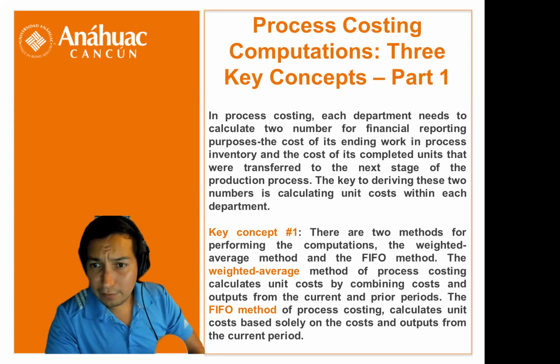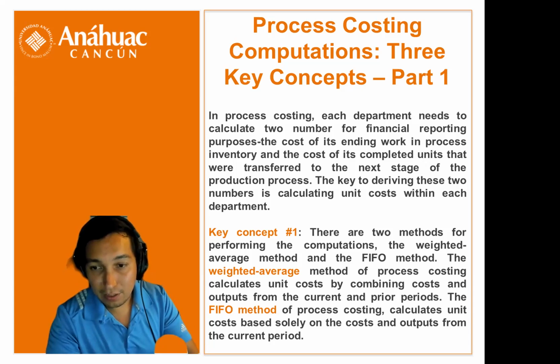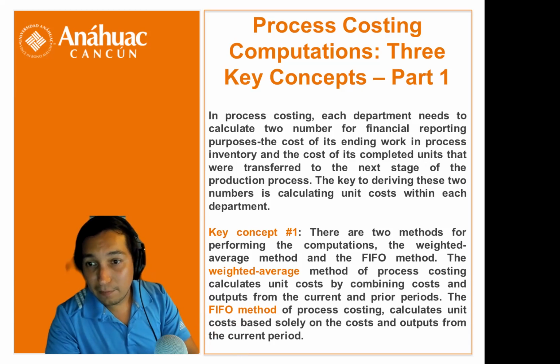In process costing, each department needs to calculate two numbers for financial reporting purposes: the cost of its ending work in process inventory, and the cost of its completed units that were transferred to the next stage. That next stage of the production process could be to move on to the production inventory.